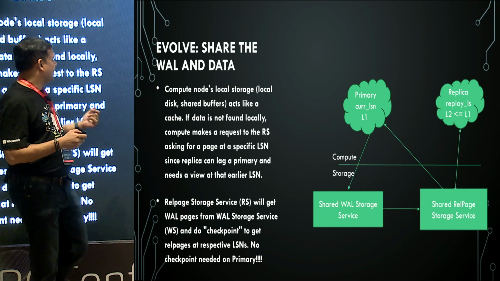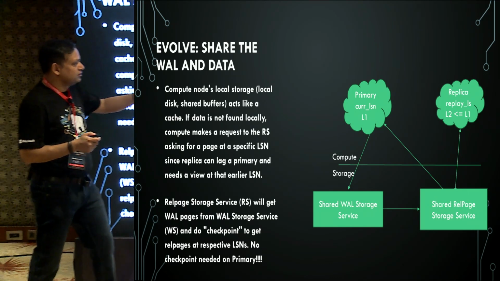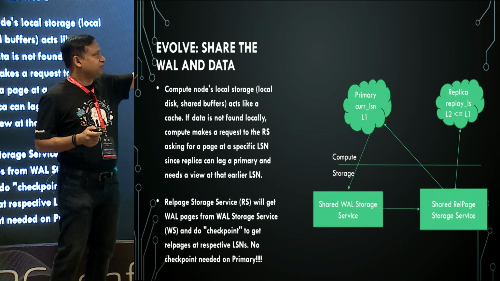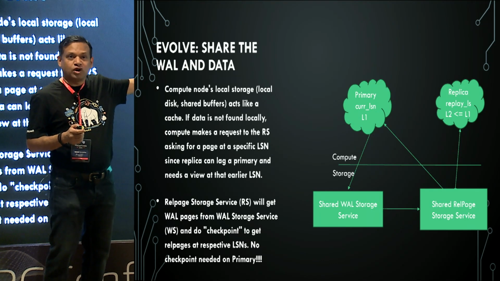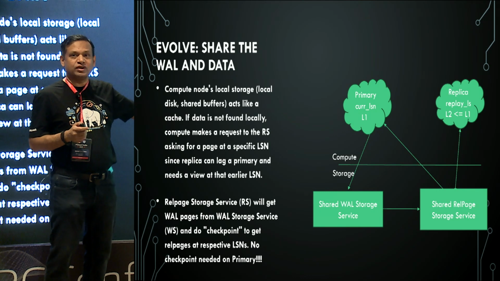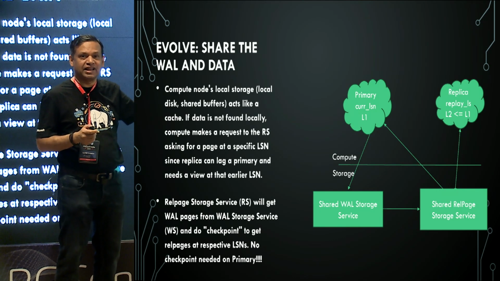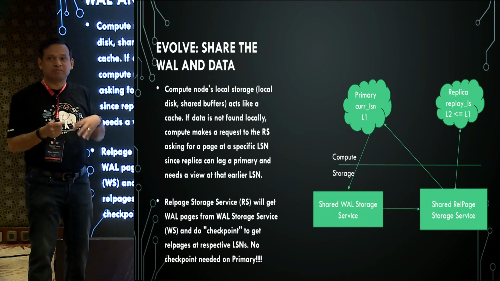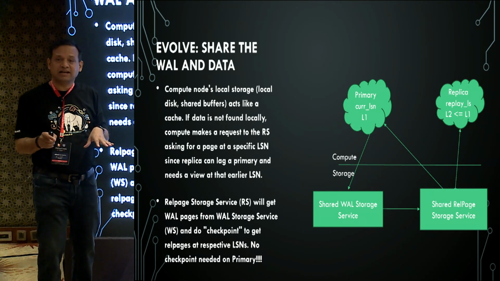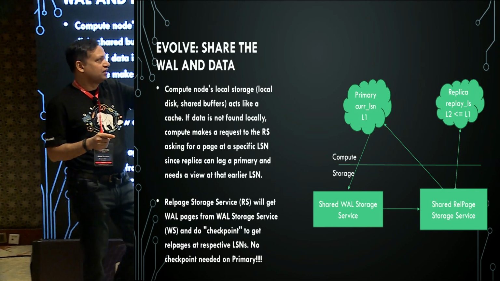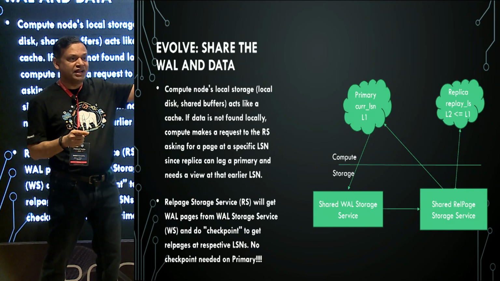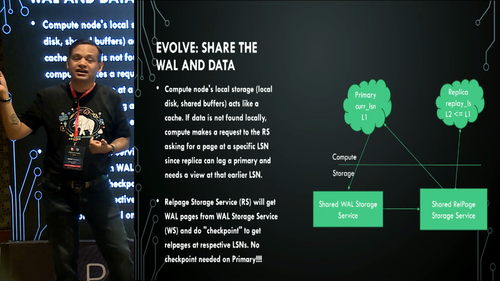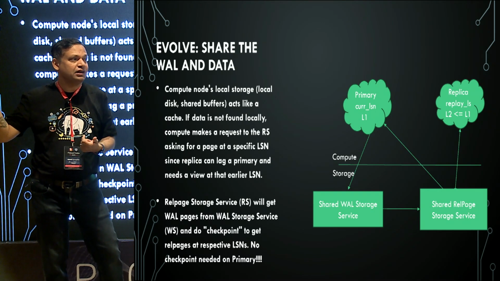Now, because the pages are not available locally, if any compute node wants that page, it will make a request to the rel page server saying, hey, I need this page at this specific LSN because I'm running at this specific LSN, right? So if the replica is lagging behind and it makes a request, it needs to see that page at that earlier LSN.